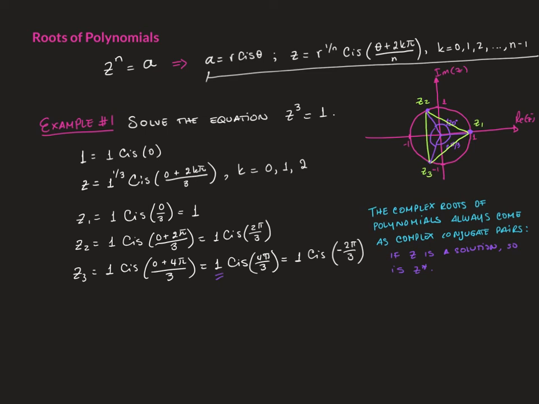This is another property that we're going to find in the solutions of an equation like this one. The solutions are always going to form the vertices of a regular polygon of n sides. In this case, n is equal to 3. The power of z is 3. So we should get 3 solutions. That means we should have our solutions forming an equilateral triangle.